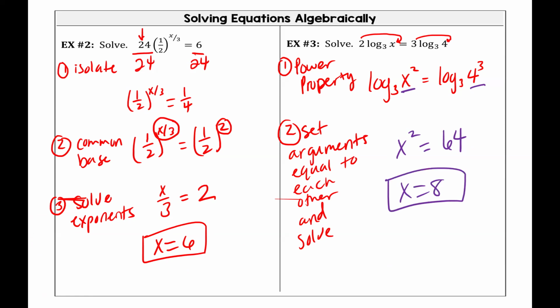Now, because I took the square root, technically x could also be -8, but it doesn't work in the problem. That's because you can't have a negative argument. So this is what we call an extraneous solution. This is our real solution.